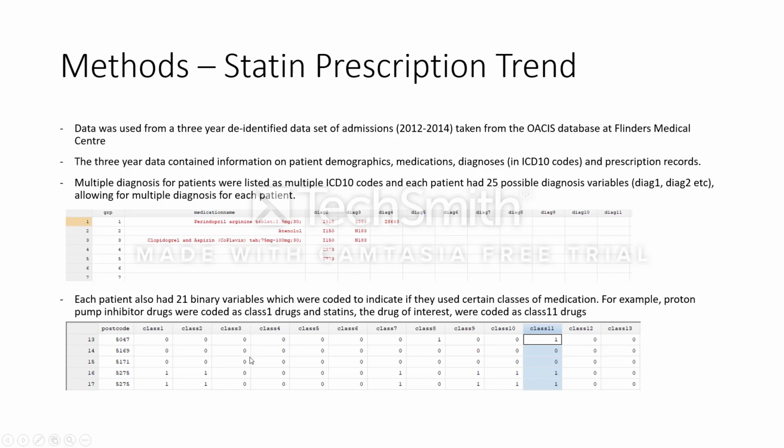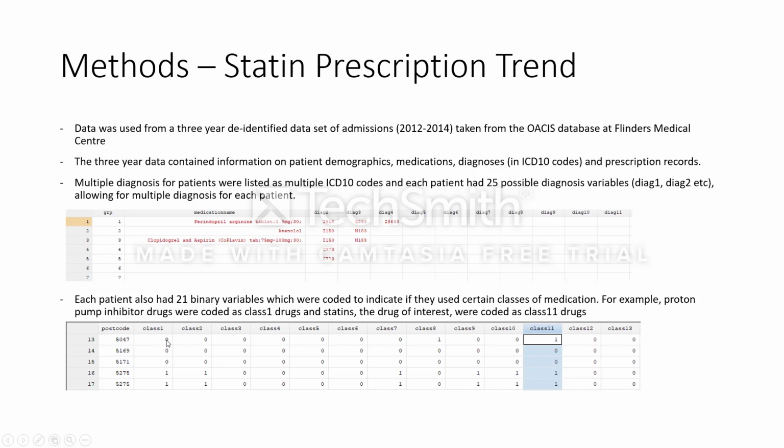Each patient also had 21 binary variables which are coded to indicate if they were using a certain class of medication. For example, class 1 drugs here, for the first patient, were coded as proton pump inhibitor drugs. You can see 0 means this patient wasn't taking proton pump inhibitor drugs.